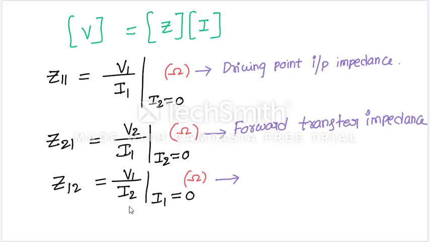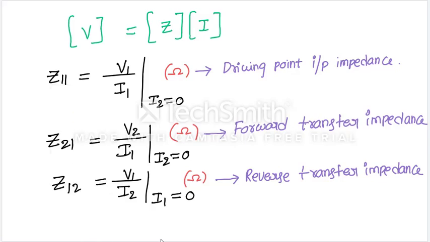This is an impedance, a transfer of impedance from one to the other. A transfer is happening from 1 to 2 or 2 to 1. 2 to 1 we call as the reverse transfer impedance.